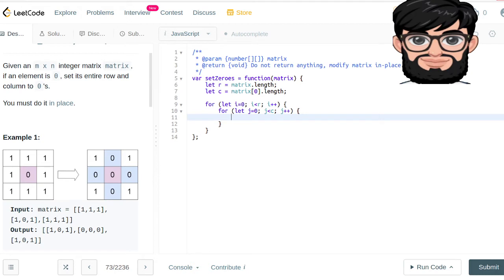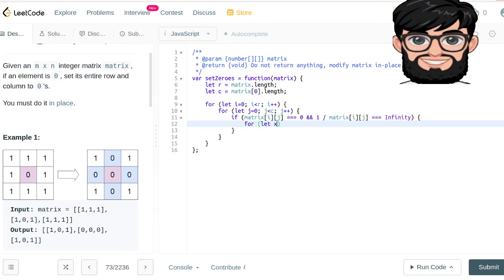And then once we have that, we're gonna say that if matrix of i j is equal to 0, and 1 divided by matrix of i j is equal to infinity, in that case we're gonna say for let x is equal to 0, x is less than r, x plus plus.